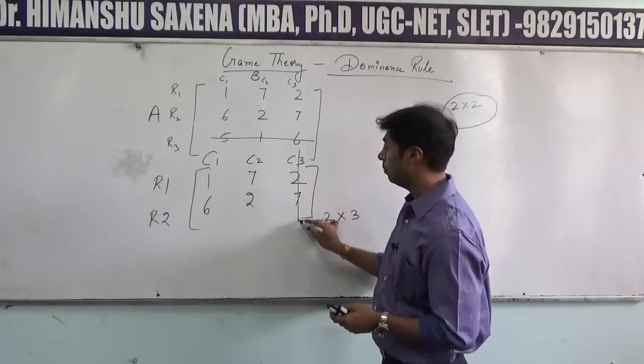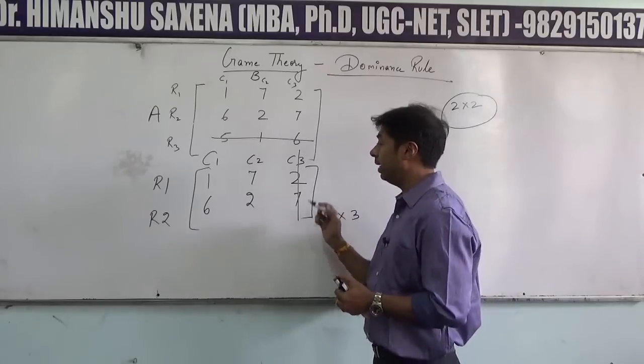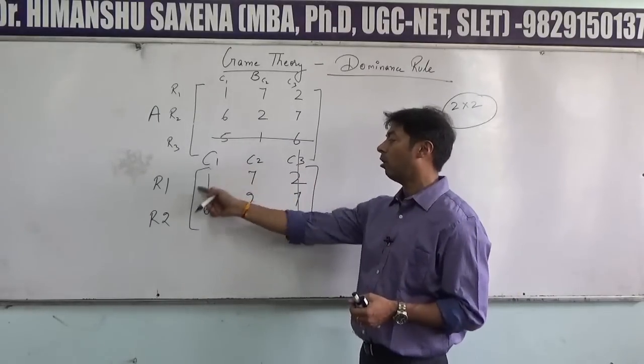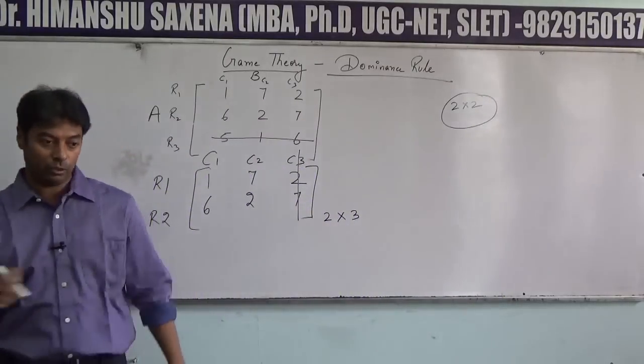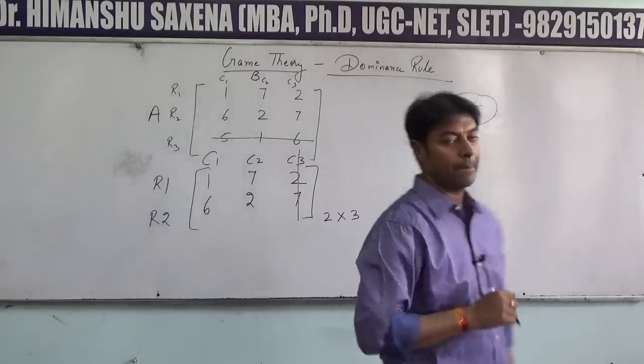So the entire column will be deleted, because the elements in the third column are greater than the elements of the first column. So take down the step for it.